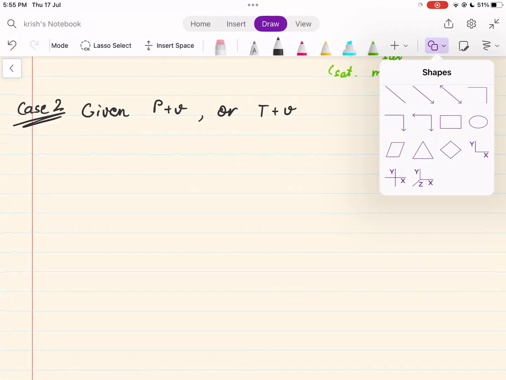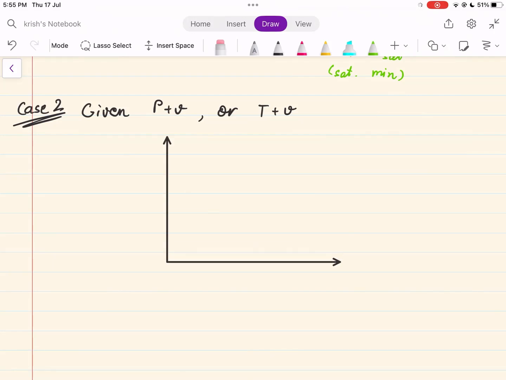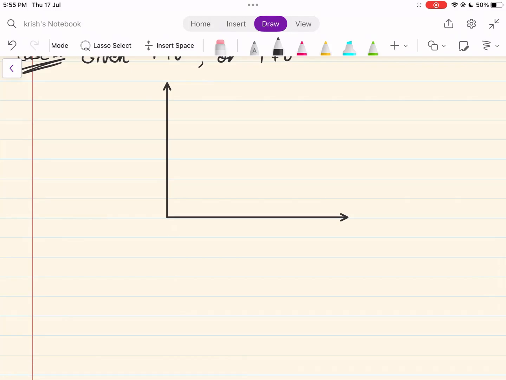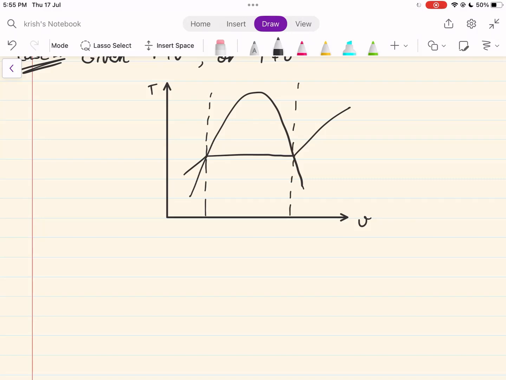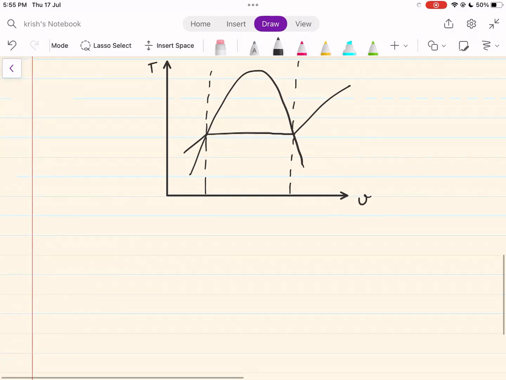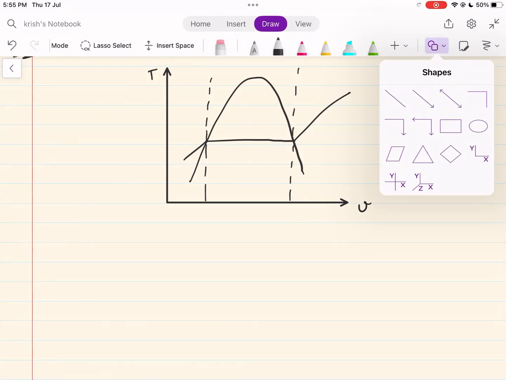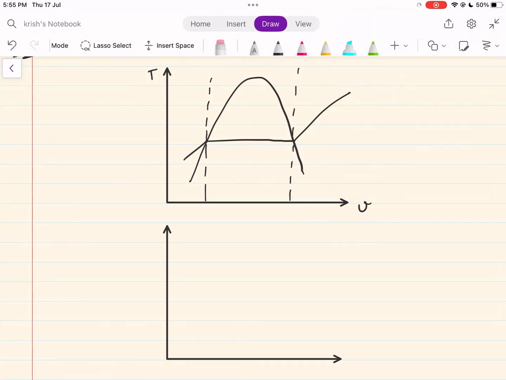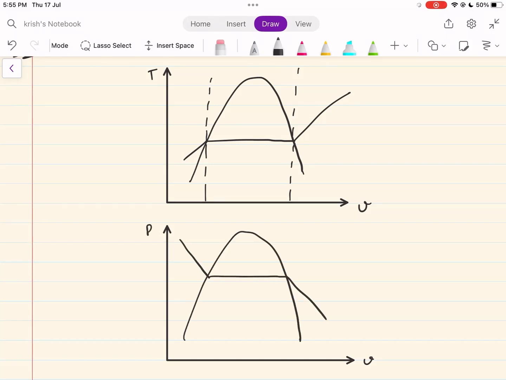Again, we will draw our TV diagram and our PV diagram. I'm telling you again and again, this is perhaps the singular most important diagram. TV. I'm just going to divide up our regions again. And PV. Remember, it is inverted.